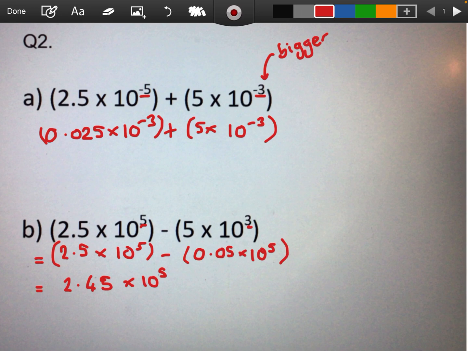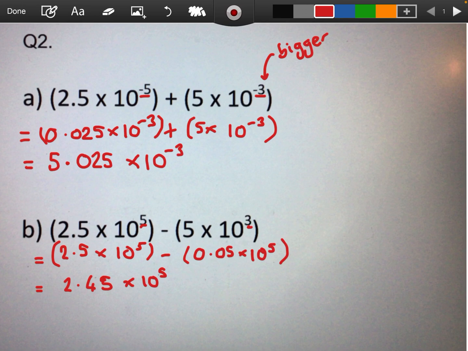Just give you a second to look at that. If you're happy with that, then that is 5.025 times 10 to the -3. We can just add them together.